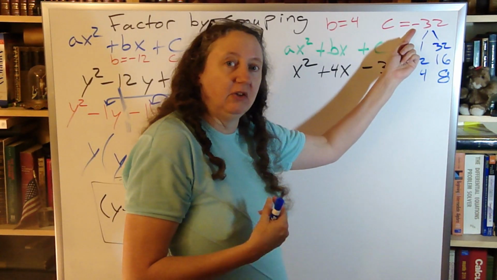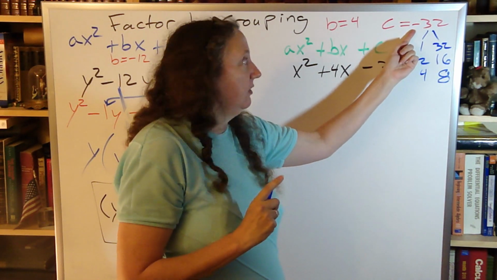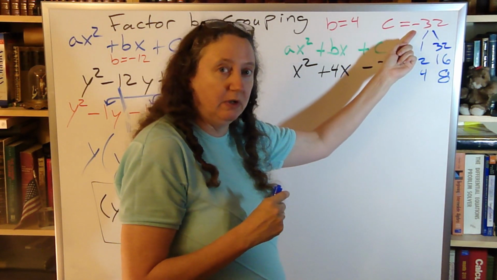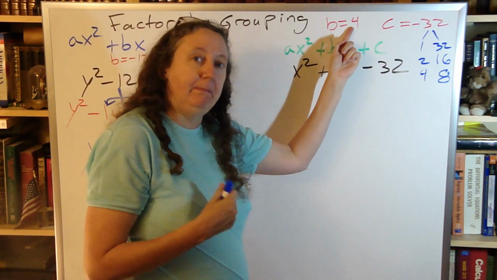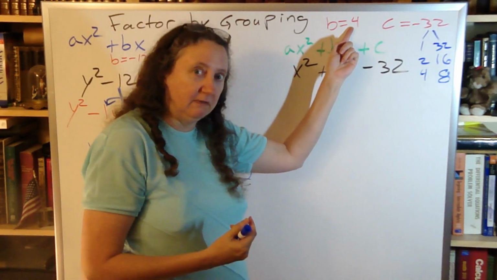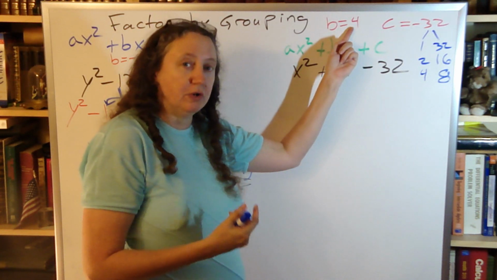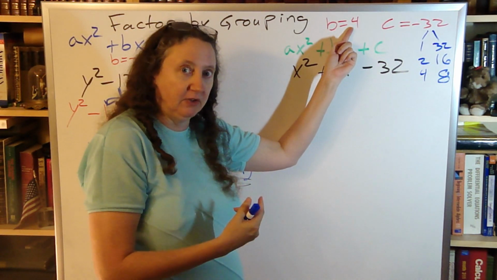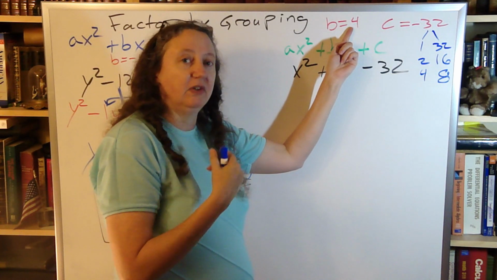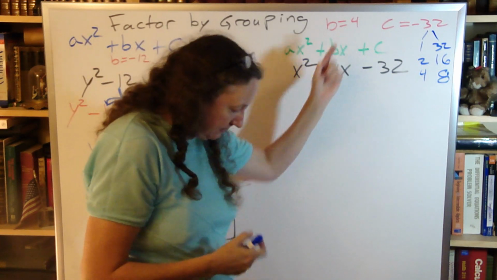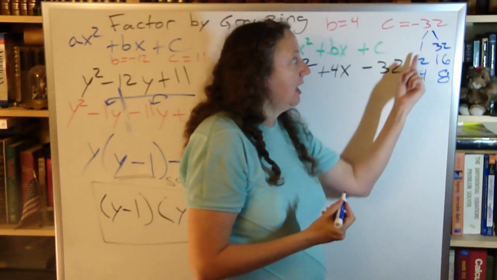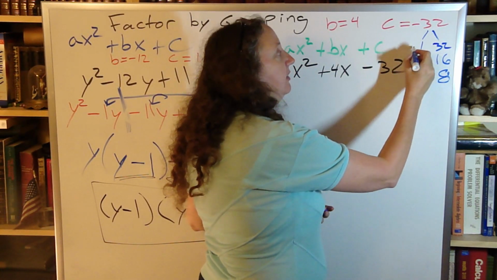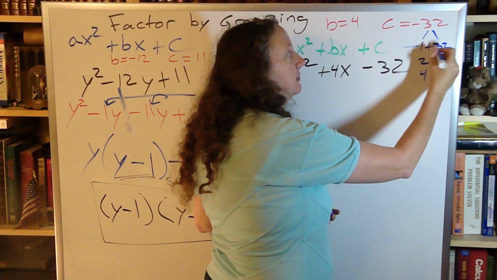One of them has to be negative, only one of them, because I want it to multiply to a negative 32. My b term is positive, so I want the larger number to be positive. Larger number has the same sign as b. So since one of these has to be negative out of each set, my smaller number is going to be negative.